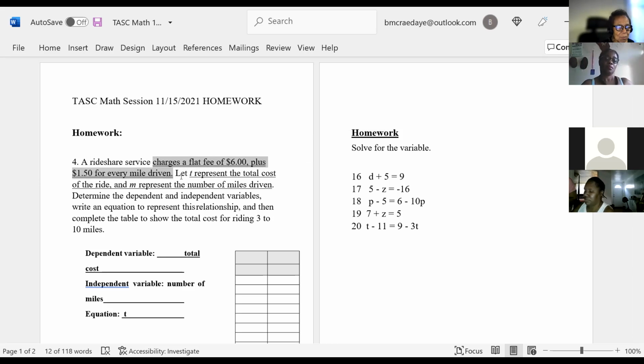What would T be equal to? T is the total cost, but T as an equation would be equal to what? What goes into that cost? T would be equal to the flat fee. That's it. Yeah, think of mx plus b.